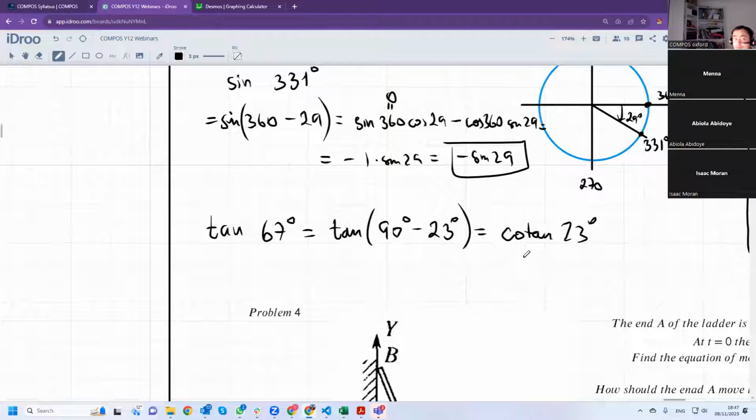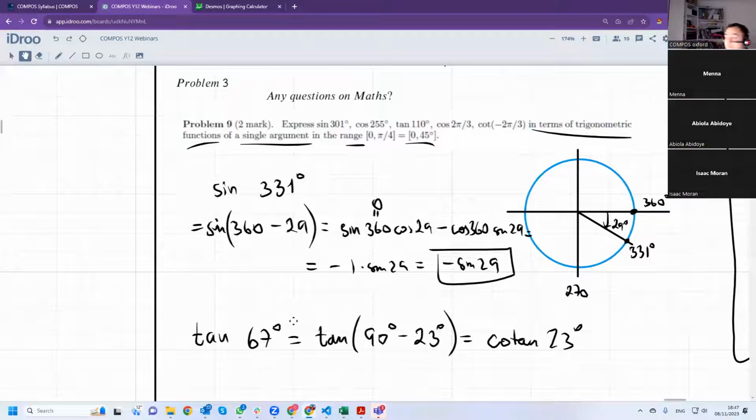You can use that, of course. You don't have to use this method. You can, but you don't have to. By all means.